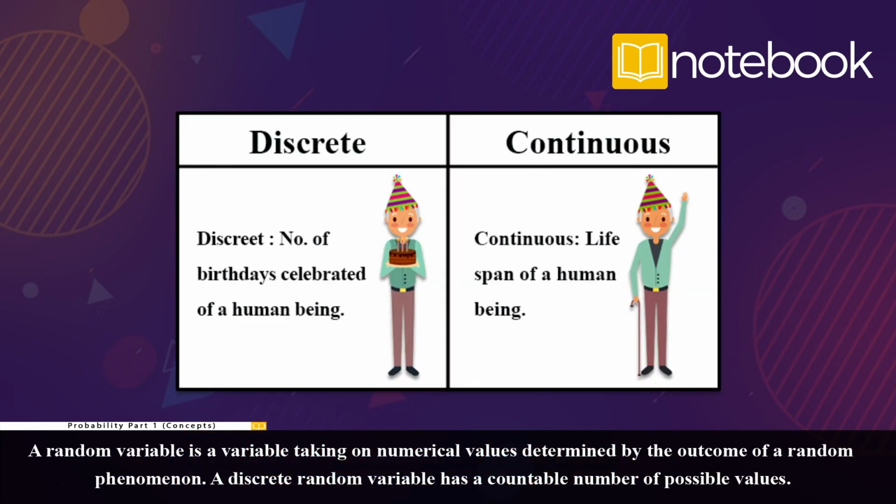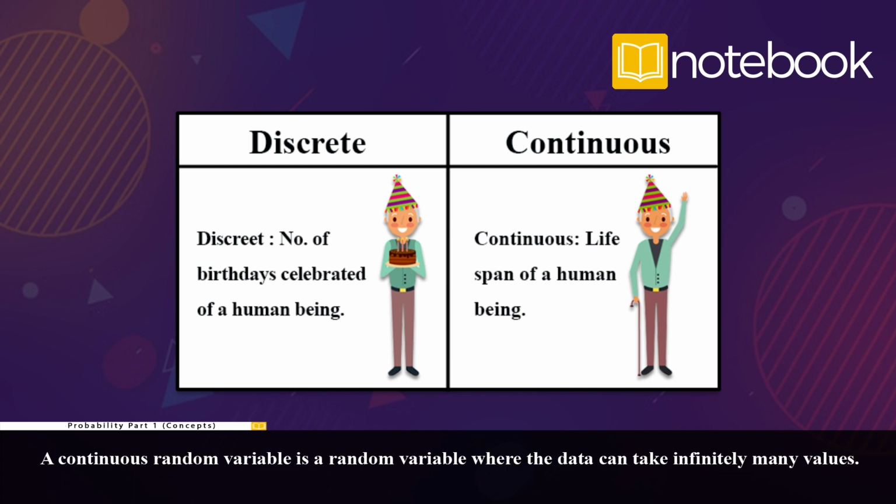A random variable is a variable taking on numerical values determined by the outcome of a random phenomenon. A discrete random variable has a countable number of possible values. A continuous random variable is a random variable where the data can take infinitely many values.